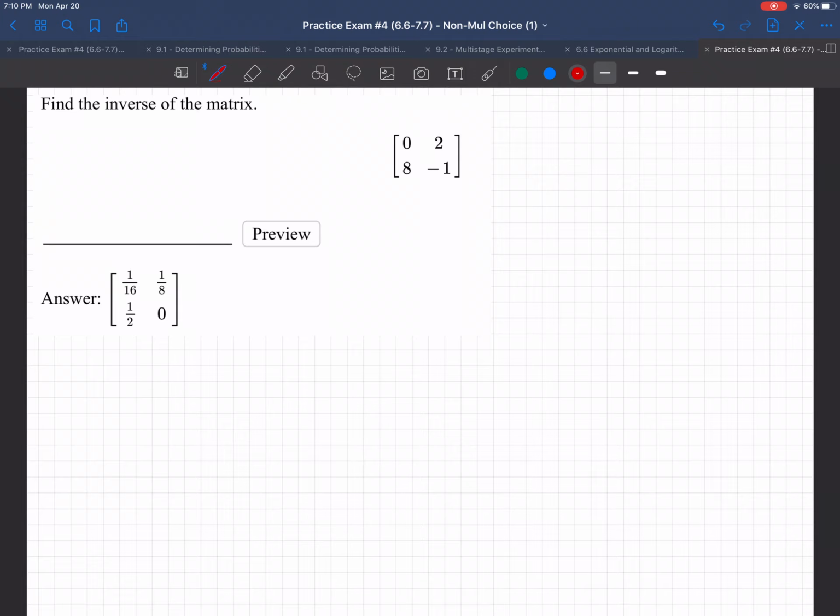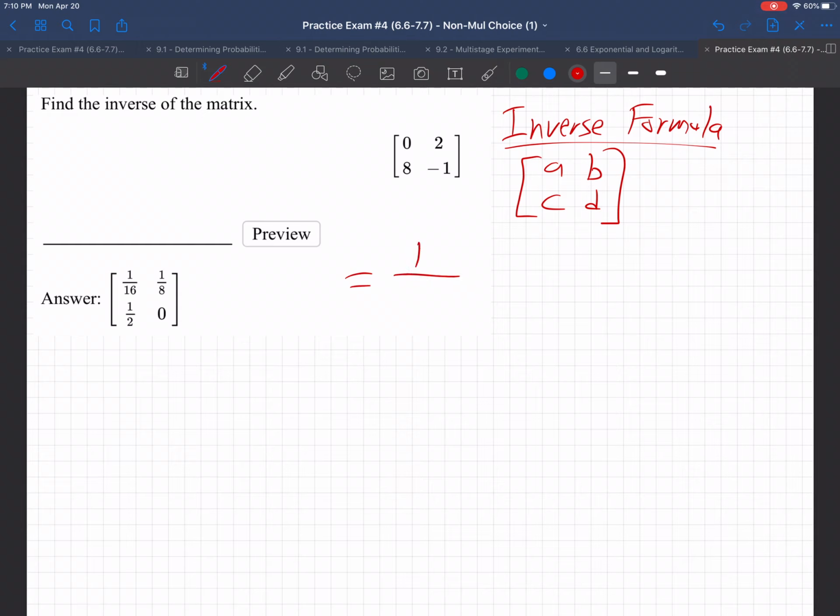So here is the formula. The inverse formula for a matrix A, B, C, D, the inverse equals 1 over AD minus BC times, and then you switch this diagonal, so D goes there, A goes there, and you change the signs on the other two.